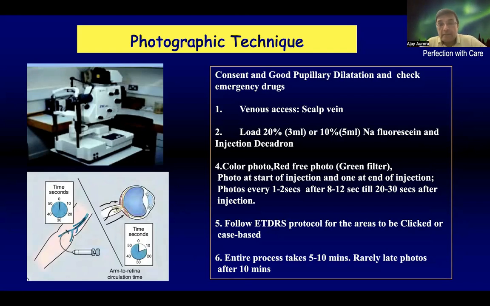Then we take a photograph at the end of the injection period, and then we keep taking a photograph every second for the next 20 to 30 seconds. After that, we go on to the other eye. We should follow the ETDRS protocol for the areas to be clicked, and the entire process takes about 5 to 10 minutes. Rarely, late photos are required.